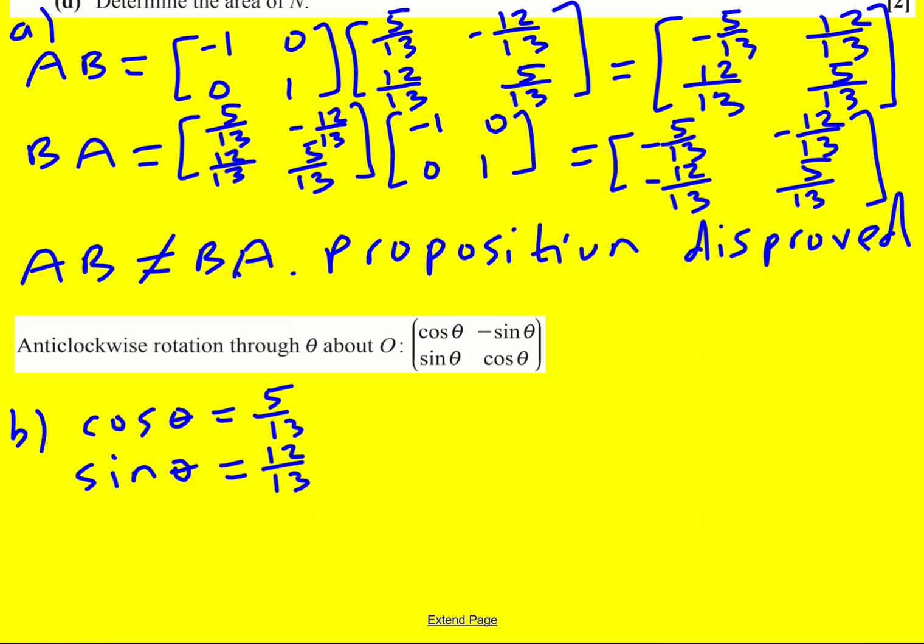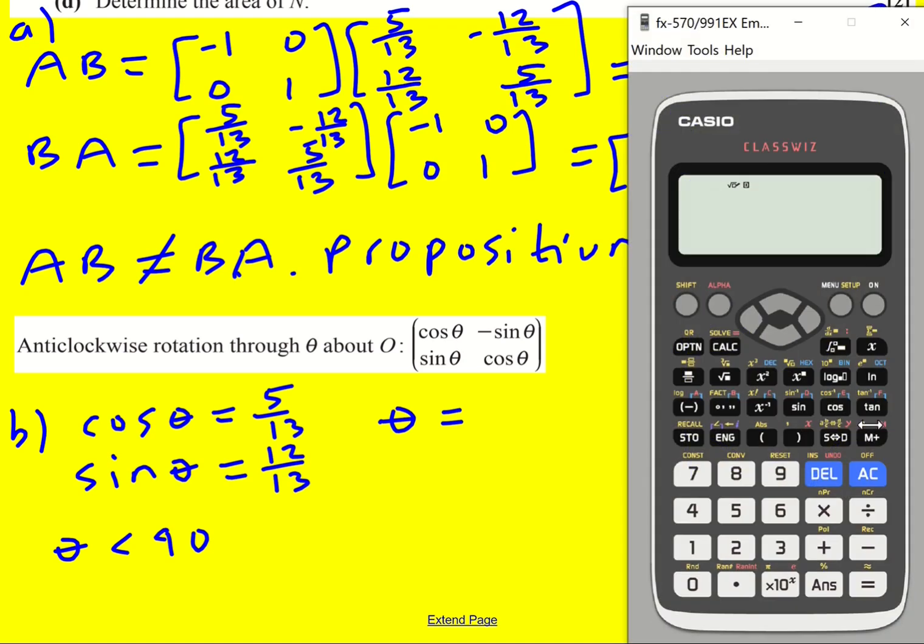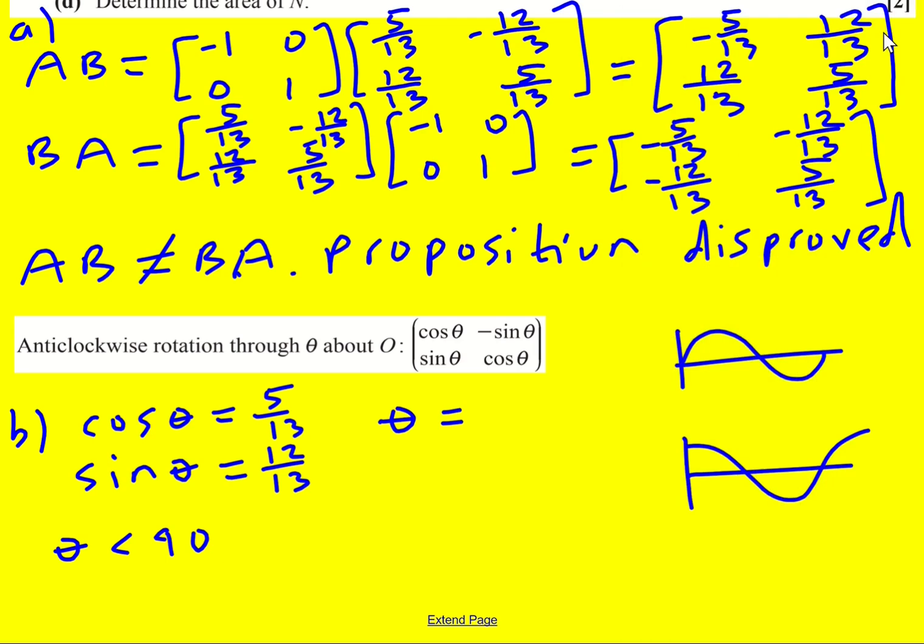Actually, there are more than one solution, but because they're both positive, that's sine and that's cos, then we must be less than 90 degrees. So actually, I don't need to find both solutions. I can just find one by doing inverse cos of 5 over 13. It doesn't say whether to use radians or degrees, so I'm just going to stick with degrees. 67.3801.